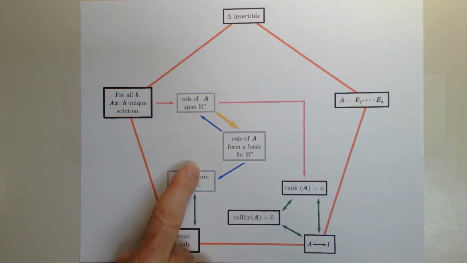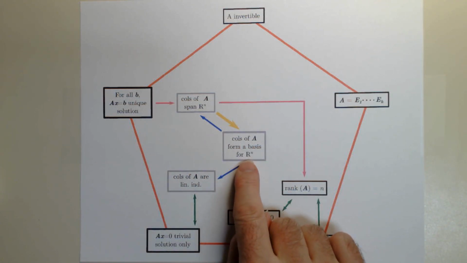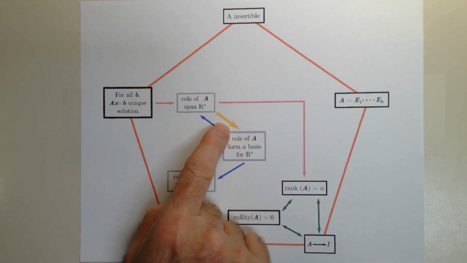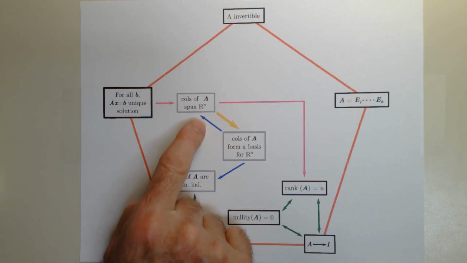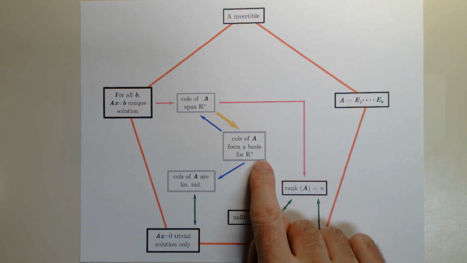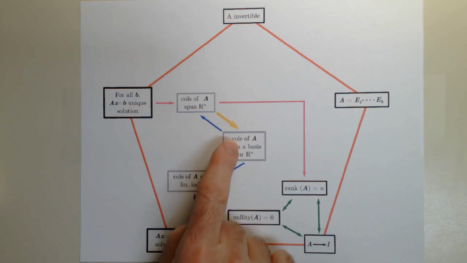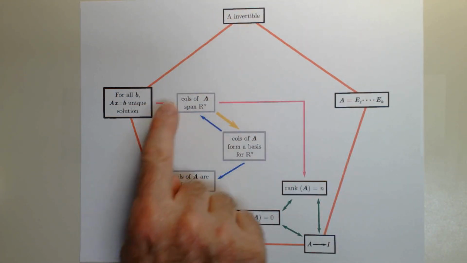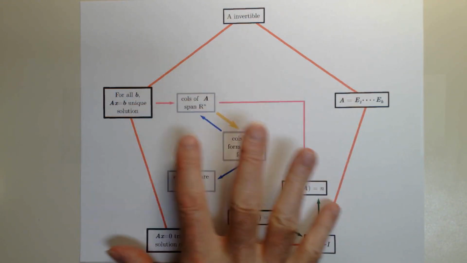And those two statements together imply that the columns of A form a basis for Rn. So in fact, we do have the existence of this gold implication arrow linking the columns of A span Rn with the columns of A form a basis for Rn. And so that completes the link. And now we know that if any one of these statements is true, then all of them are true.